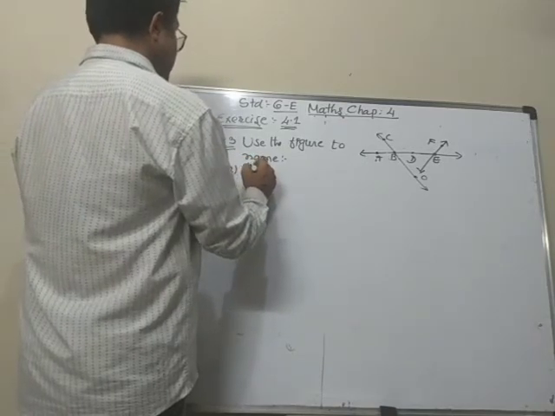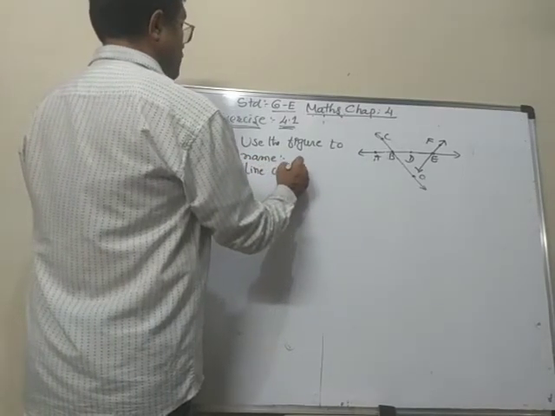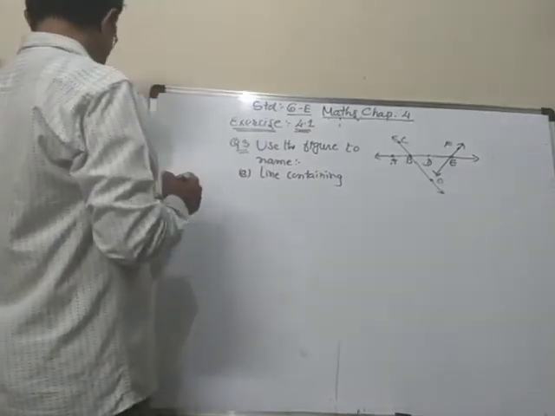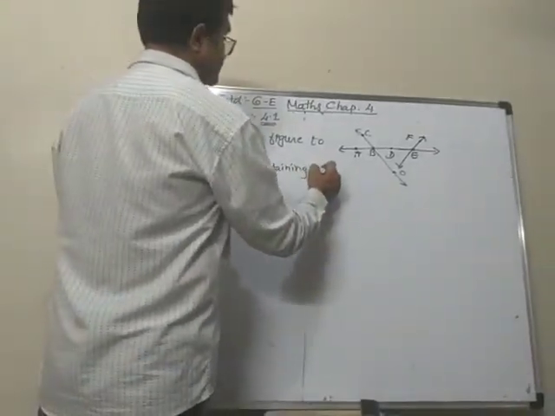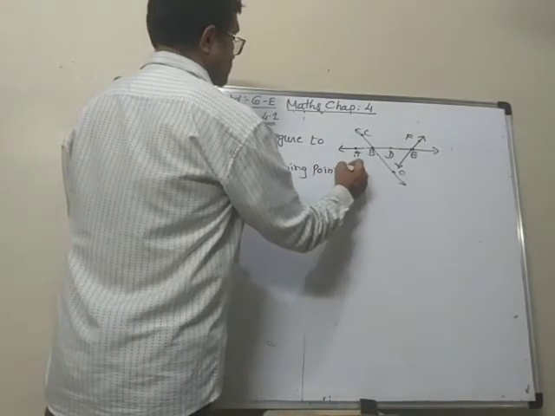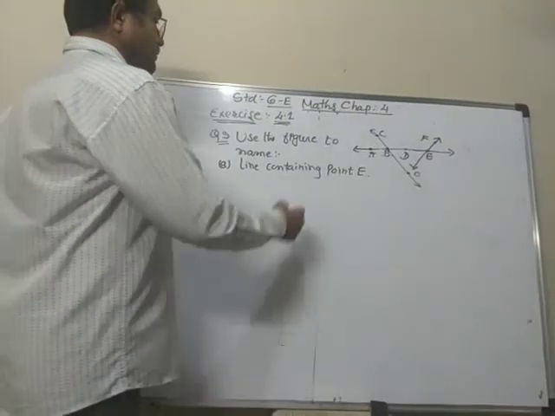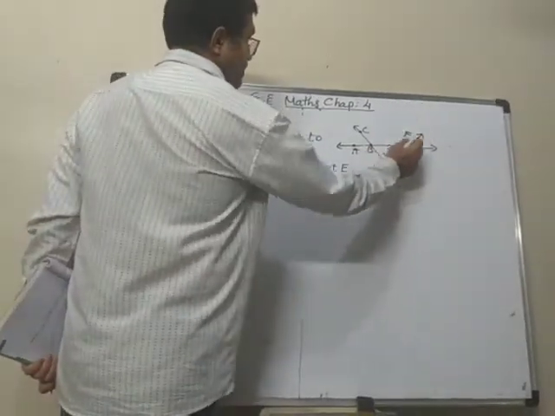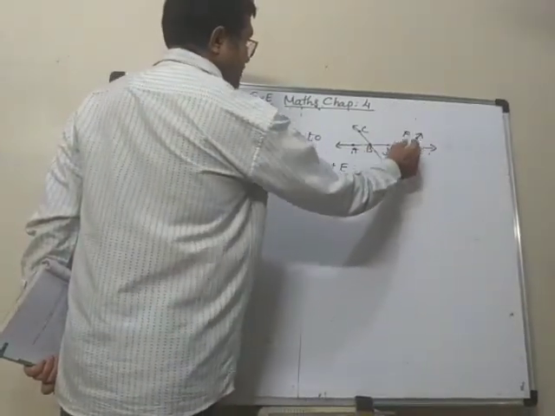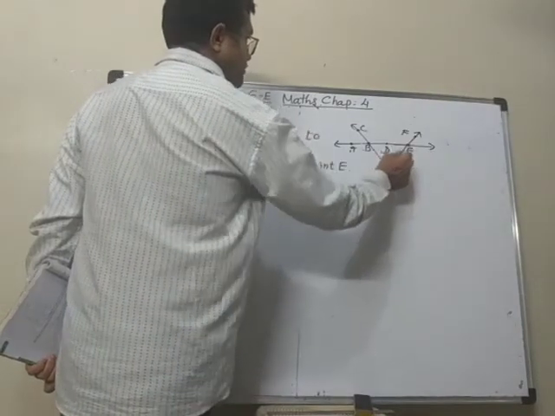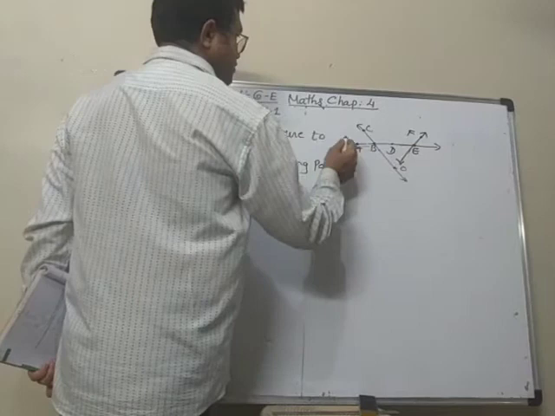First one is a line containing point E. Now check in this line. The line containing point E. You can see that point E is on that line also.